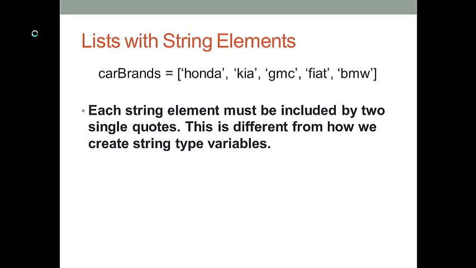We just talked about some lists with numerical elements. What if we want to create a list with string elements? What should we do? When we create a list with string elements, the general format of the list should be the same. All items must be included by 2 square brackets, as you can see on this slide. All the car brands must be included by 2 square brackets.